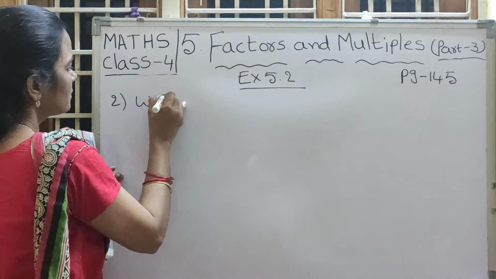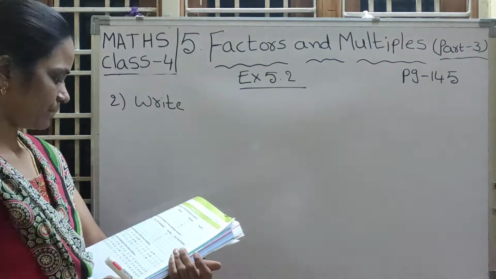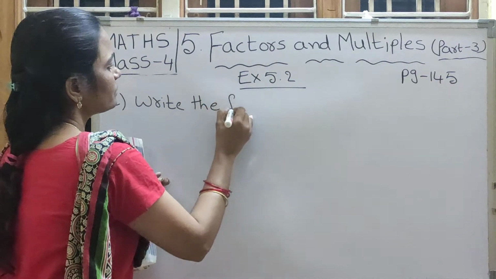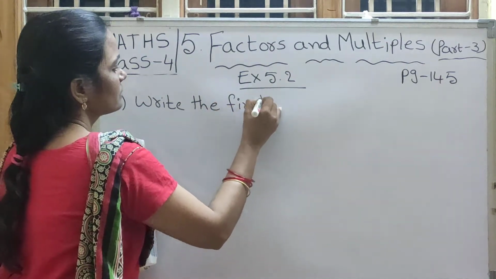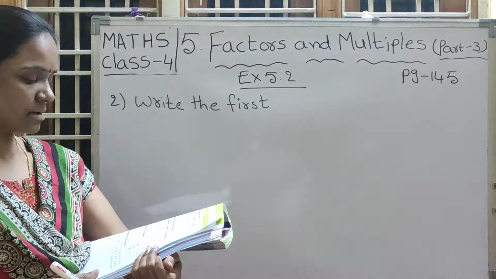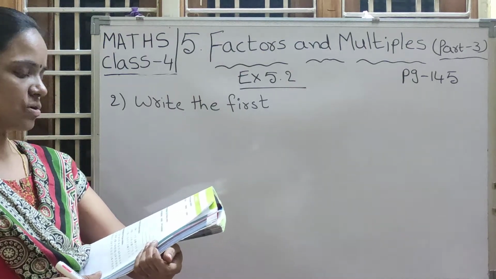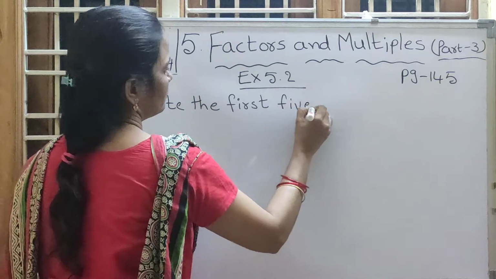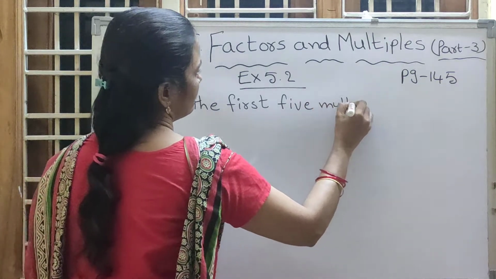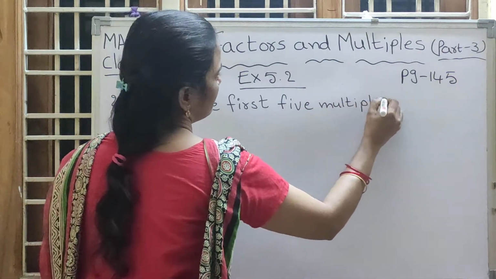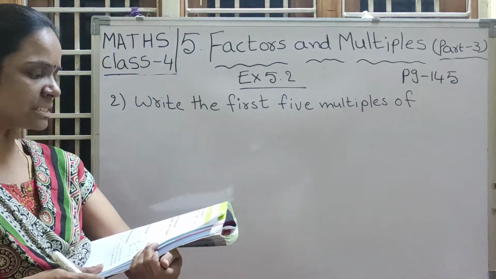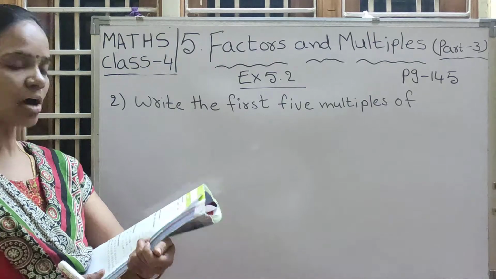Write the first 5 multiples of the following numbers.